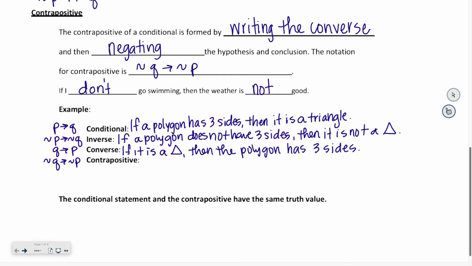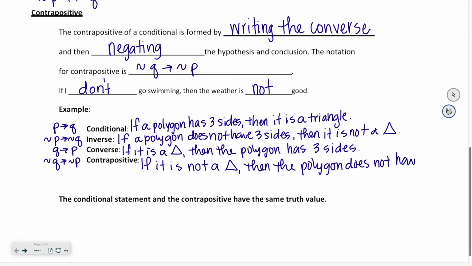And lastly, if it is not a triangle, then the polygon does not have 3 sides.